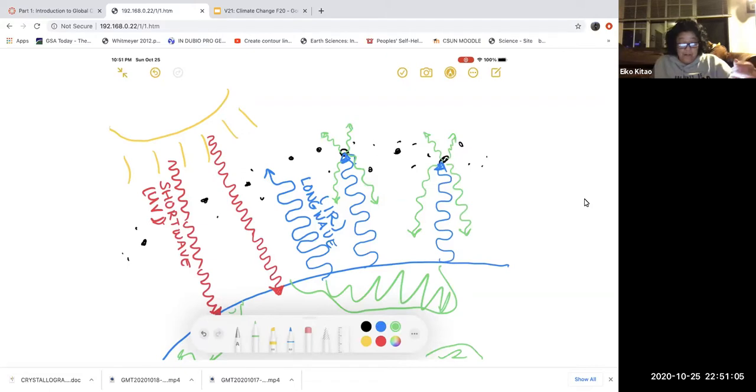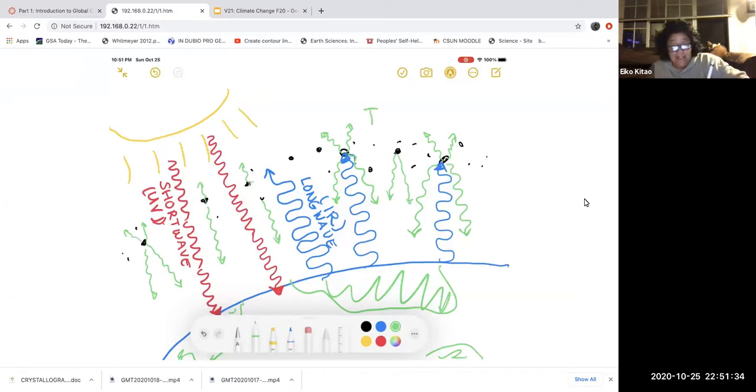Pretty soon you're going to have so much stuff bouncing back, right, that it's going to greatly affect what's happening when it comes to temperatures here on Earth, right? We won't go too crazy. We'll let some of the stuff leave. And so what that does is we call it trapping heat within the Earth's lower atmosphere.